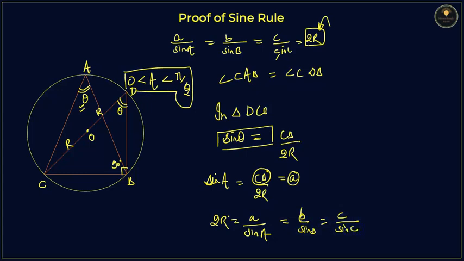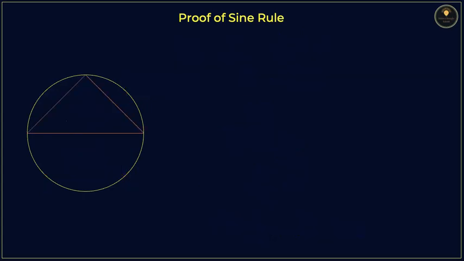Move on to the second triangle, in which the triangle is given as ABC, and this triangle is a right angle triangle. Why? Because AB is passing through the center, so it is a diameter, which means this angle is equal to 90 degrees. Now if I want to find this angle, sine A can be written as perpendicular over hypotenuse.